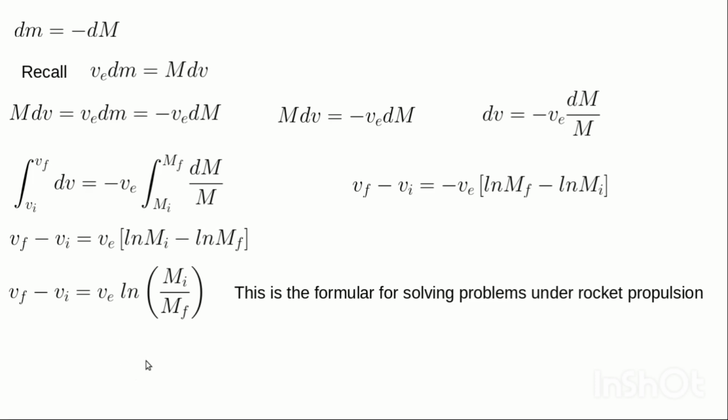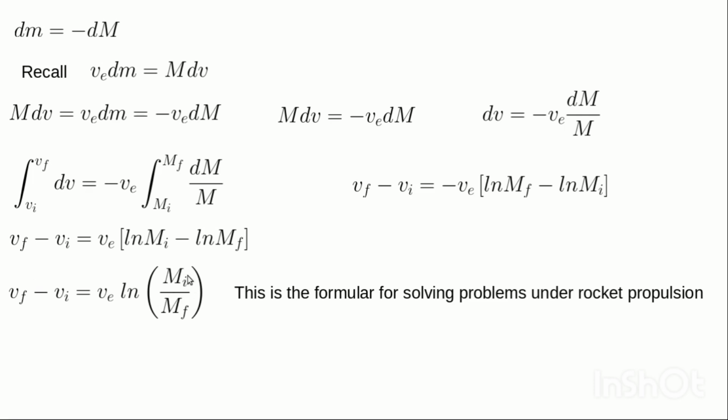Also, we notice that the final velocity will increase as long as this exhaust velocity increases, right? Also, from this point, we notice that if this one is greater than this, everything will be a positive value. And that means that for us to have high final velocity, the initial mass must be greater than the final mass.